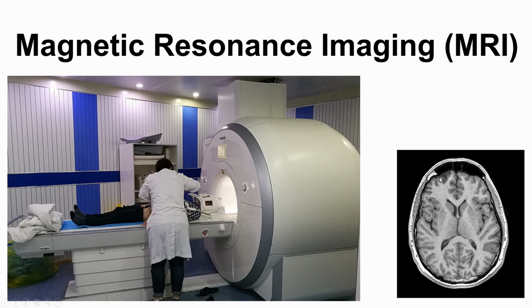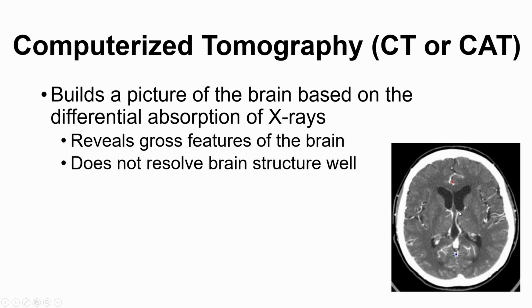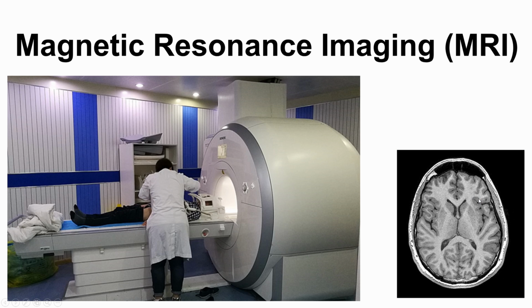It allows us to get a clear, highly spatially resolved image of all of the different structures on the brain. We can see all of these different curves and bumps and fissures. All of these different shapes are showing up really well, whereas in our earlier CT scan, they're not as clearly resolved. So that was one of our problems with a CT scan, and that's definitely fixed with an MRI.